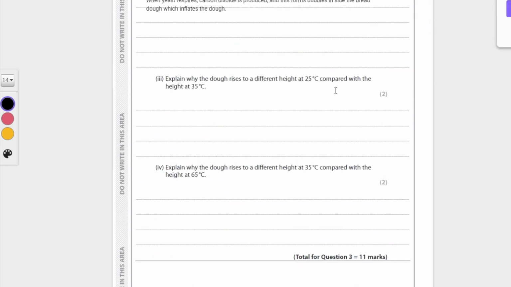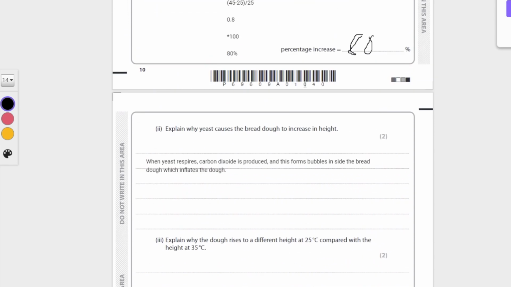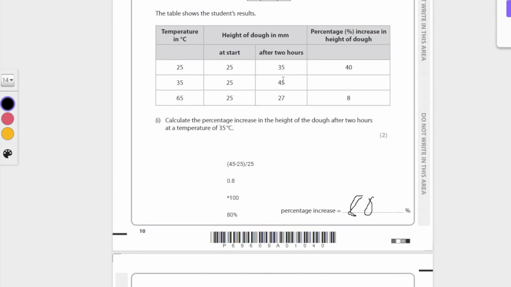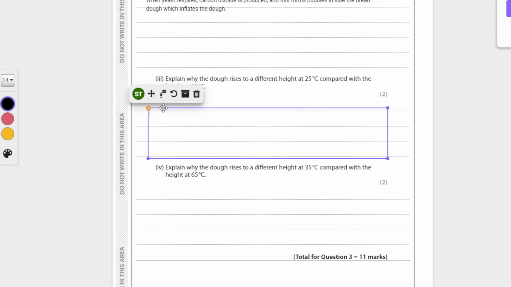Explain why the dough rises to a different height at 25 compared to the height at 35. For this one, we can just explain at one of the temperatures why it's lower or higher. We can see that at 25, it's a lower height than at 35. So at 25, there is lower kinetic energy from the lower temperature, so the particles move slower.